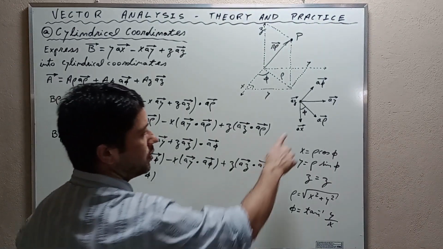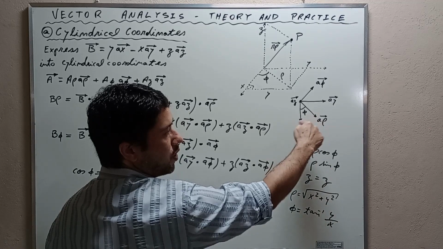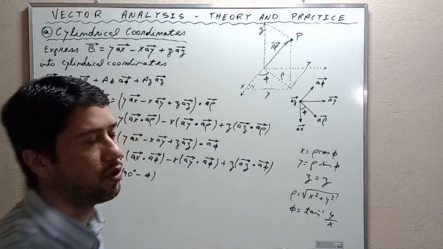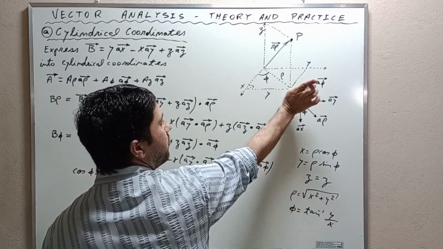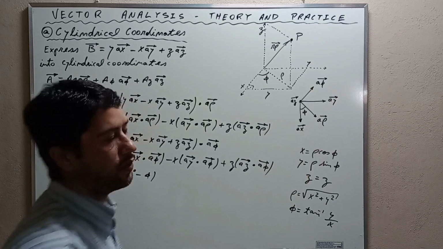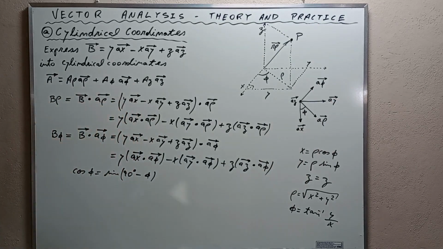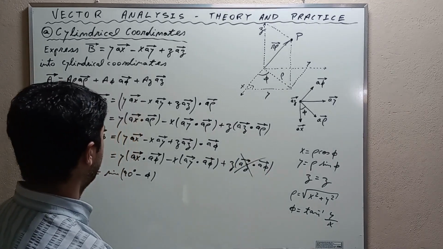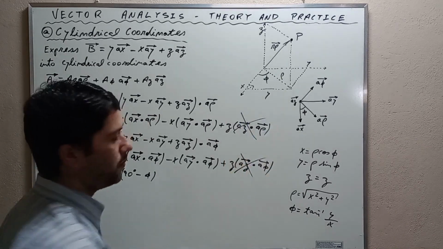So there is a non-zero dot product among them, but as z is in this direction, the angle is 90 degrees, the cosine of 90 degrees is 0, and in this way, this is 0, and this is 0, okay?